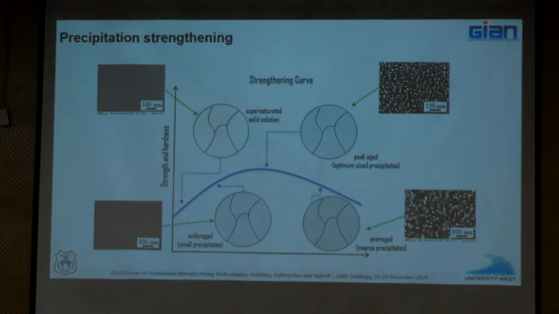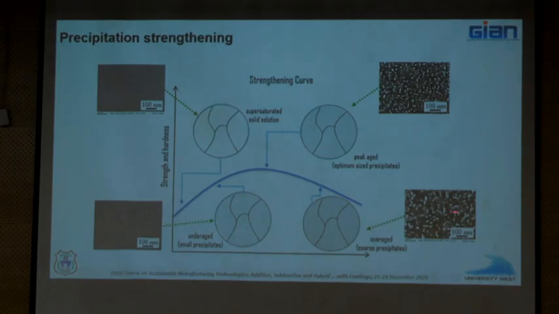These are some of the micrographs at various stages. This is almost at the beginning, where you have a supersaturated solid solution. This is showing some strengthening precipitates, but small and tiny, so reflective of underaging.